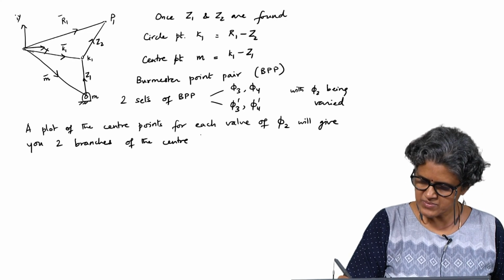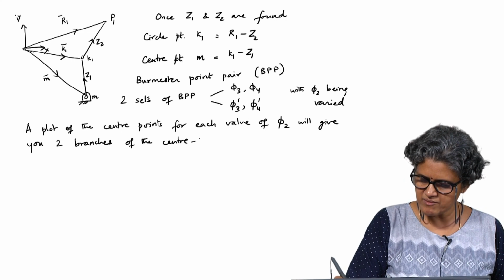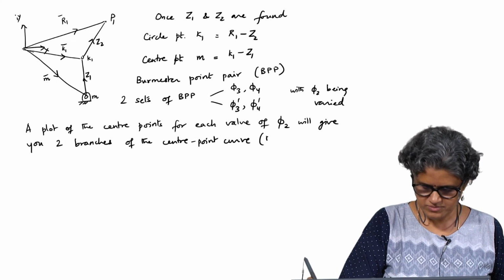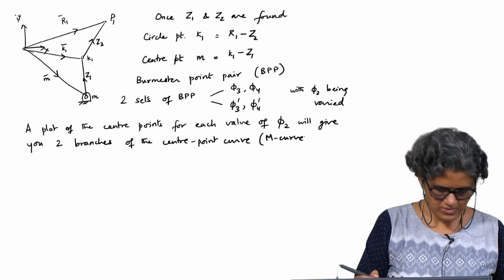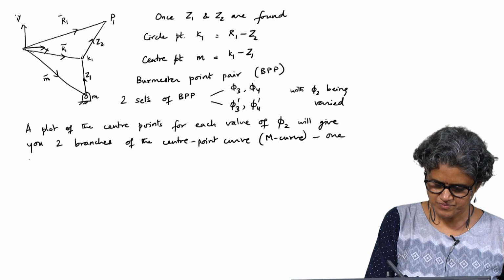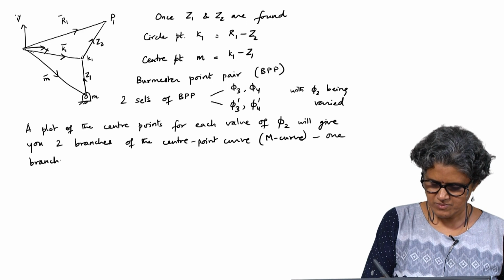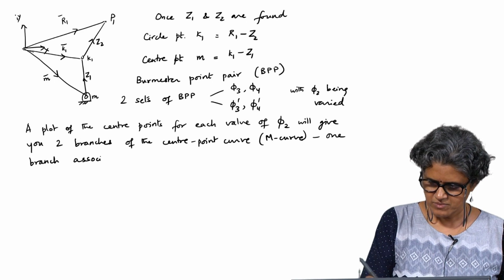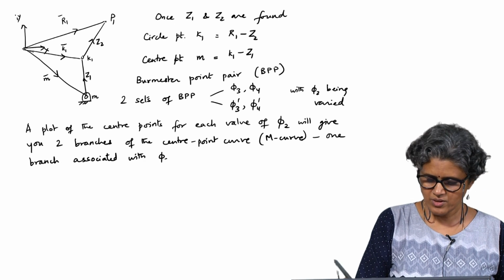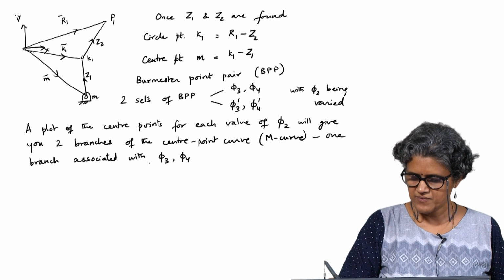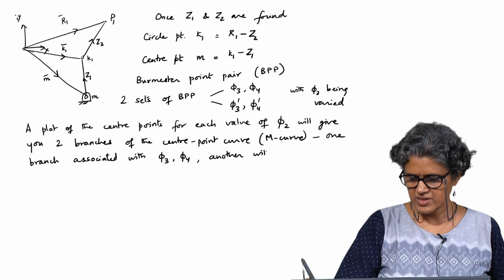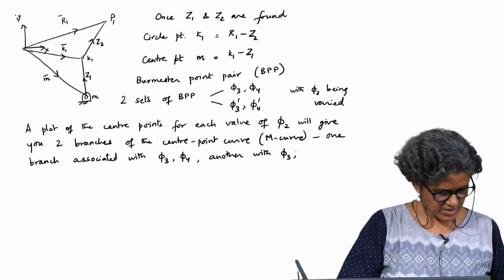The center point curve is called the M curve, because one branch is associated with phi 3 phi 4, another with phi 3 dash phi 4 dash.